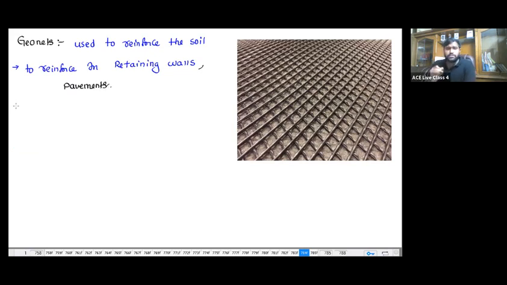Out of all the geosynthetics, it possesses more strength. It has a very high strength out of all the geosynthetics, and you can see it's a grid-like structure.